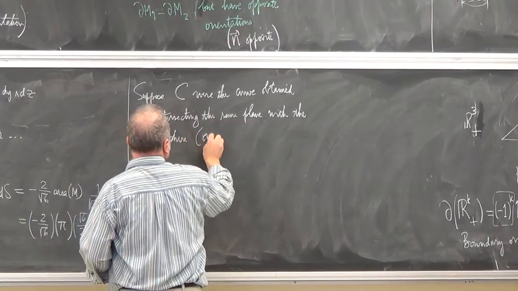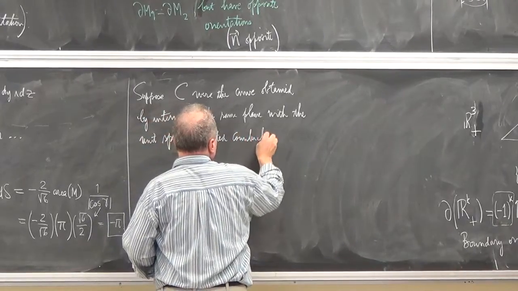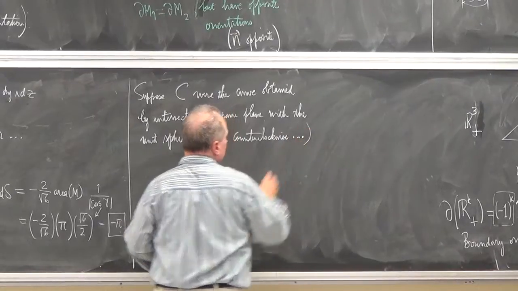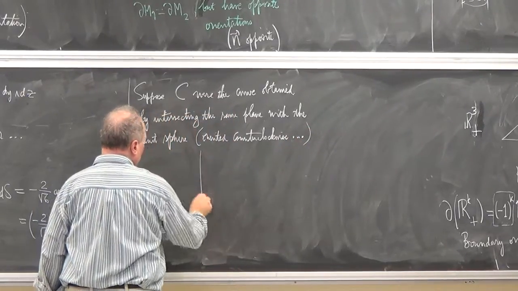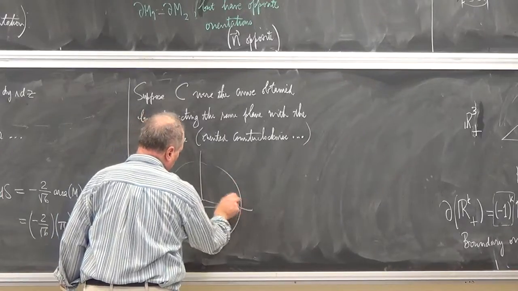And we'll say oriented, just to be different, counterclockwise. Dot, dot, dot. So does this remind you of a problem that you had in homework? Yeah. Which problem was it?